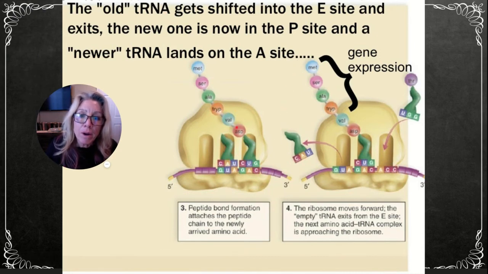So now this guy just got dumped on, and as a result, the one that was here is going to get put in the exit site. See, the CAU is going to be in the exit site, and then he's going to be dismissed, right? And then this opens up the next codon for the next tRNA to land.